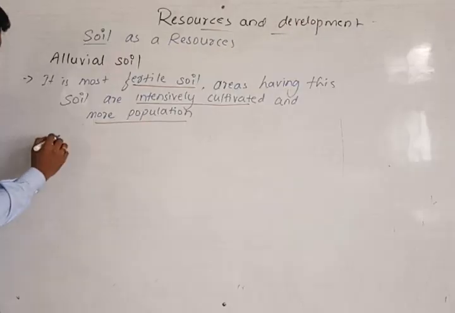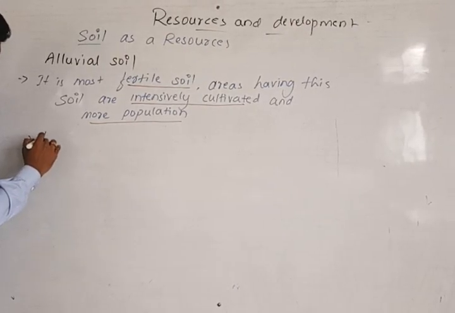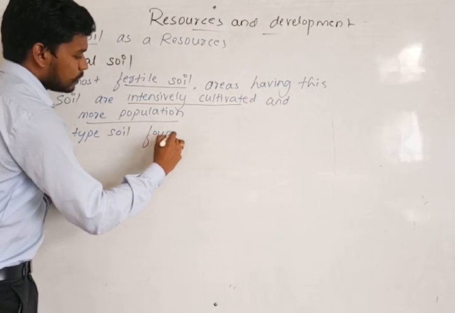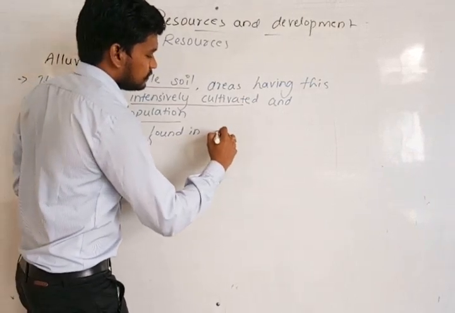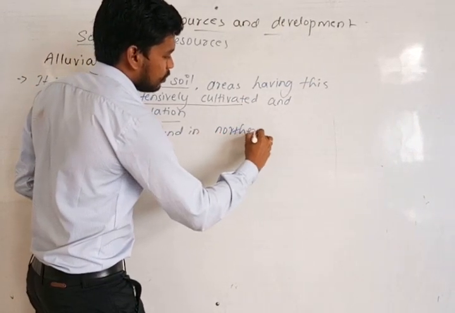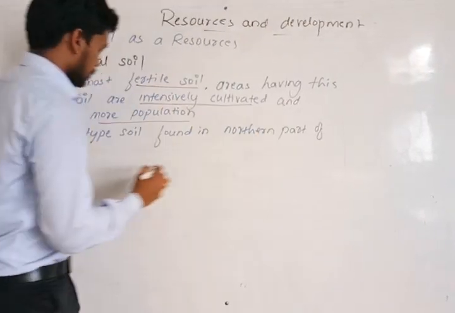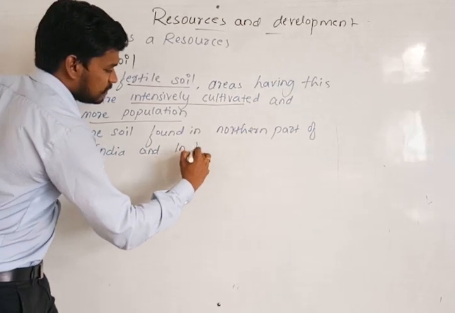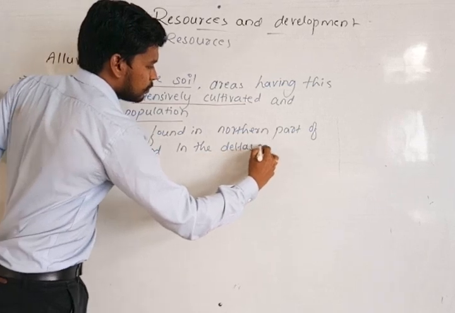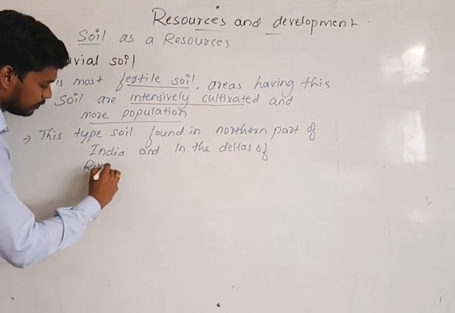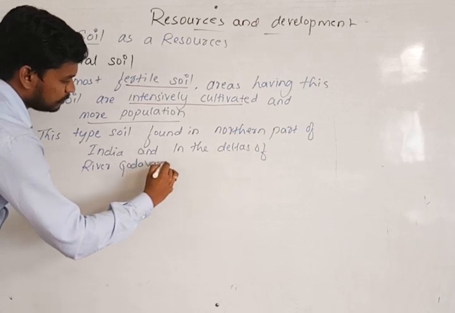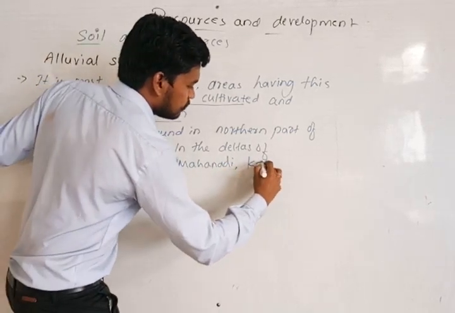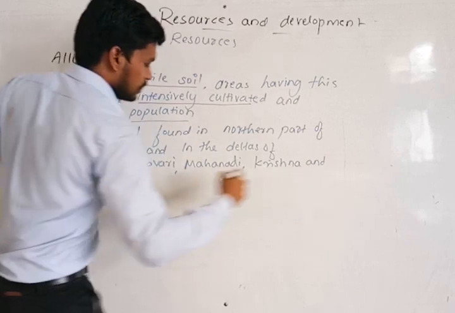This soil is found in the entire northern part of India, and in the deltas of the rivers Godavari, Mahanadi, Krishna and Kaveri.